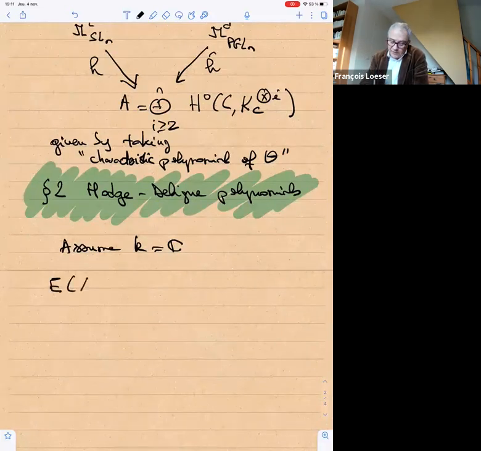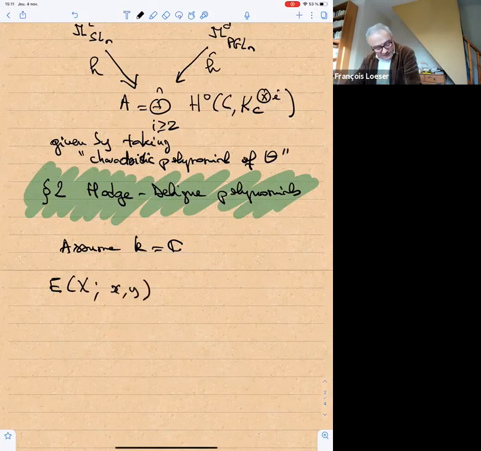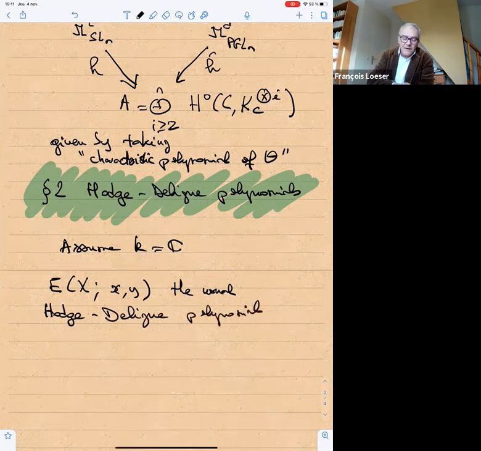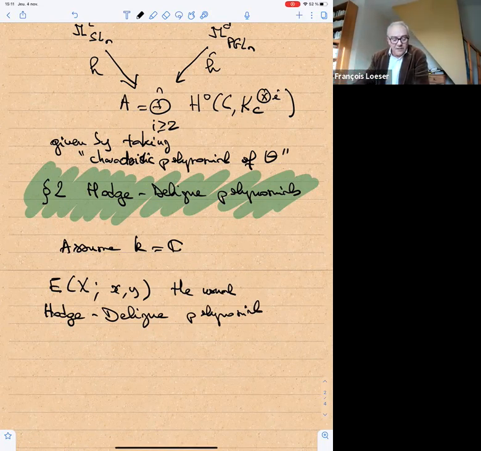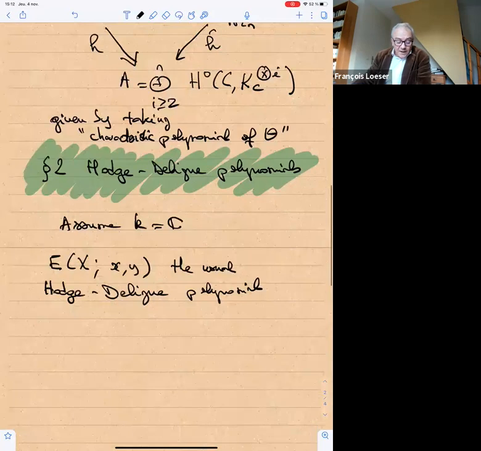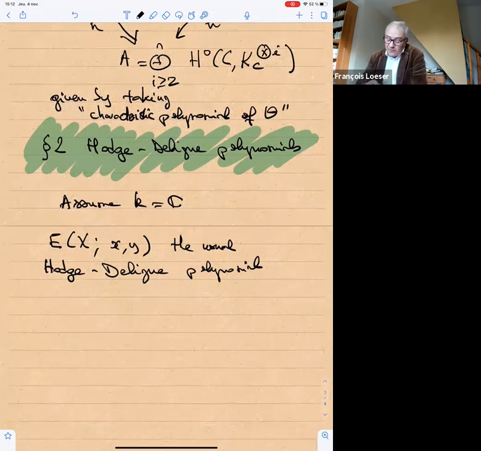Consider the Hodge polynomial of some variety X. It's a generating polynomial, a generalization of the Poincaré-Betti polynomial, taking into account the Hodge filtration.